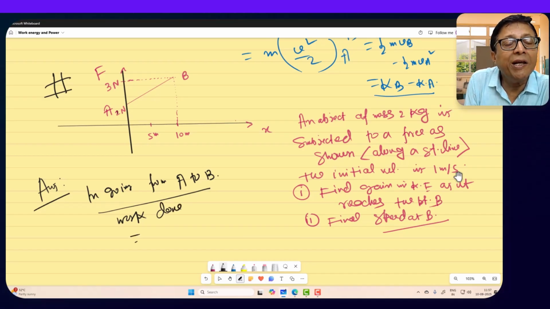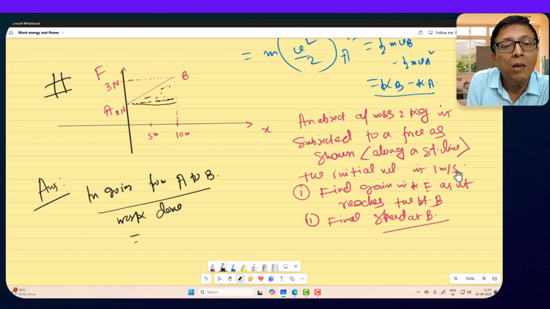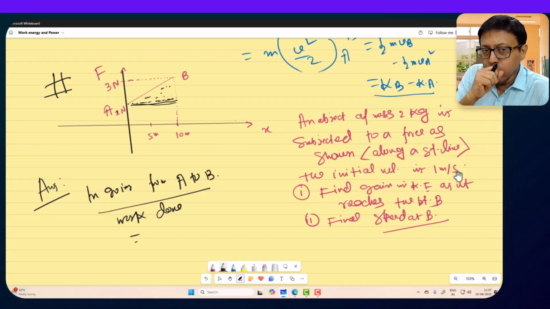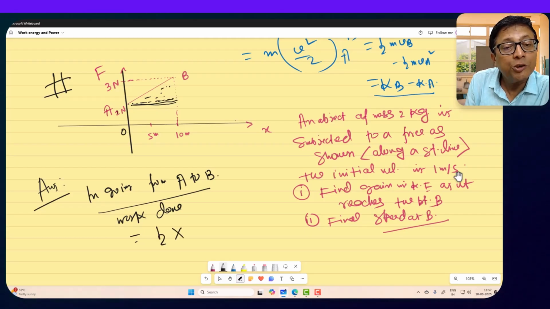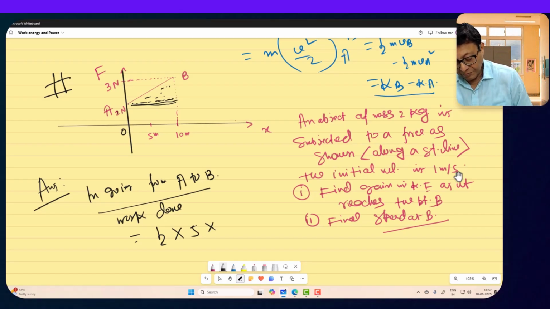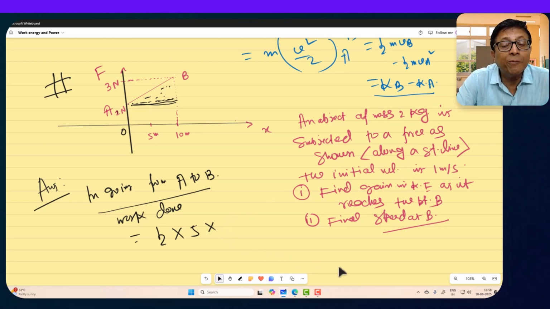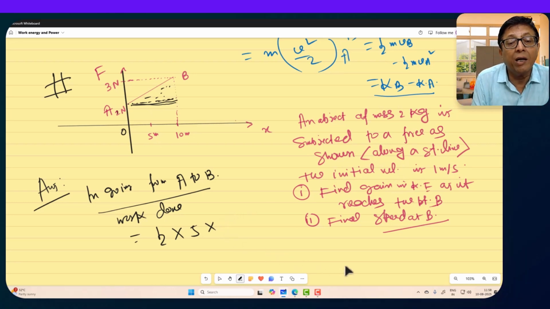Work done will be the area of this portion, just this one, because the particle is not going from O, it is going from A.